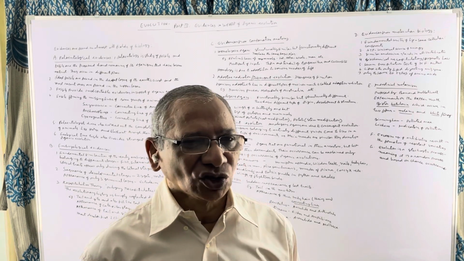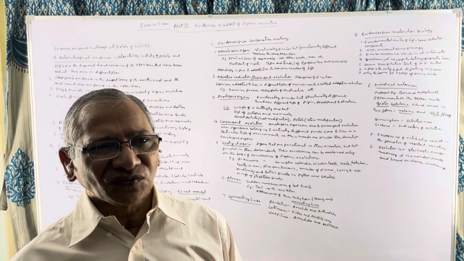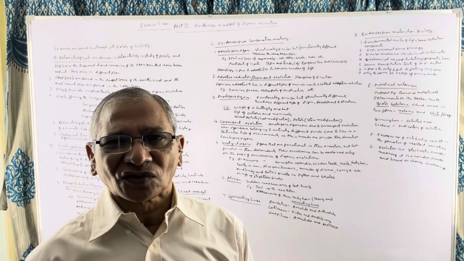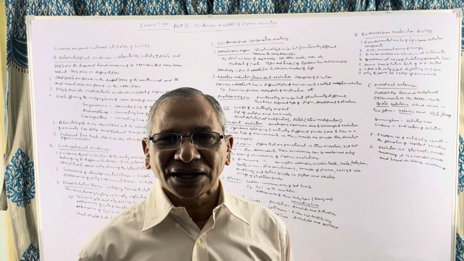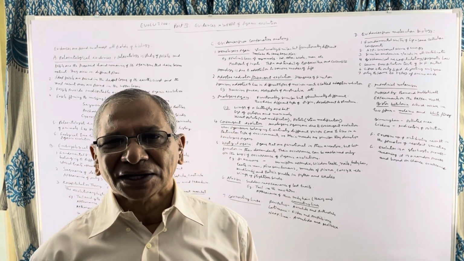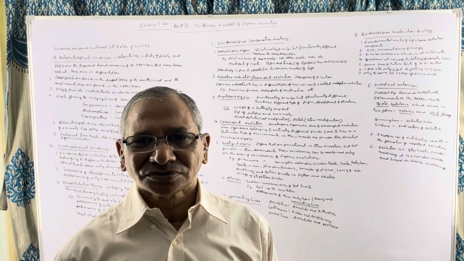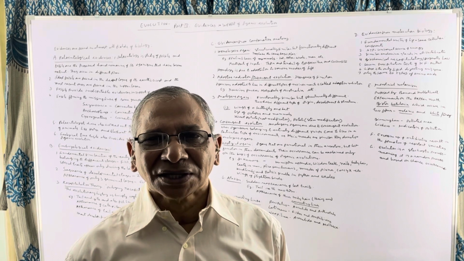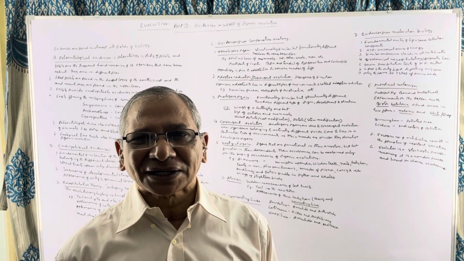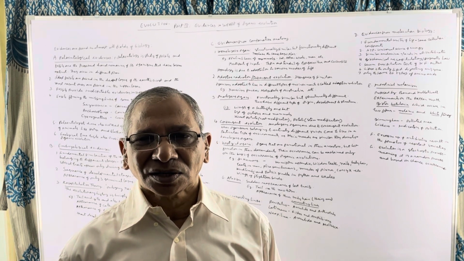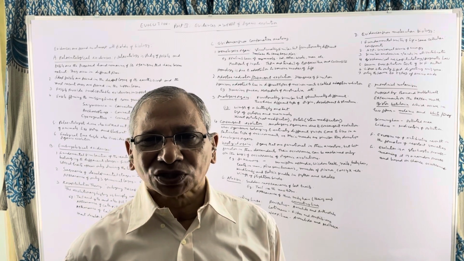In this way, we come across a wide variety of evidences in support of organic evolution. That's why the theory proposed by Charles Darwin has become more acceptable. And at the same time, the theory proposed by Lamarck is not accepted because of lack of supporting evidences.